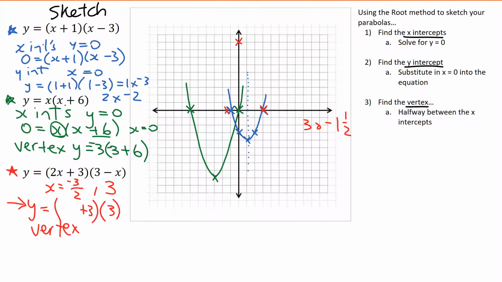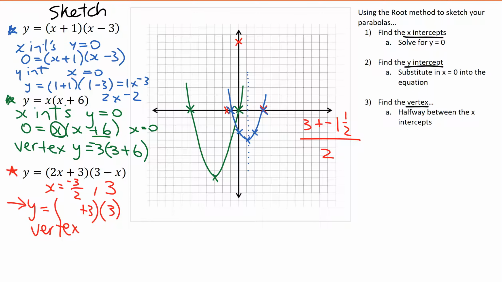How would you figure those sums out? Add them, then divide by 2. So what is 3 plus -1.5? Divide 1.5 by 2? Is it 3/4?